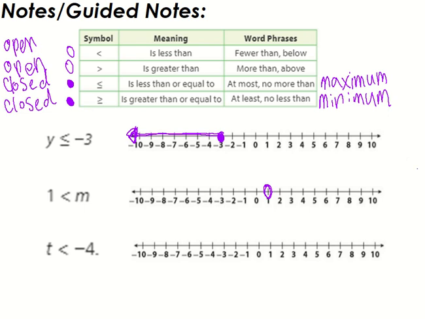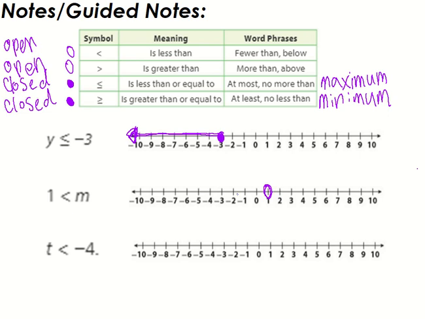So the way you check on which way you want to go, this symbol, these are not arrows. They're called inequalities. They are not arrows. So do not follow them just because it's going that way. It does not mean my line goes that way. The way we check is we look. If I put 0 here, I make this 0. Is 1 less than 0? No, 1 is not less than 0.